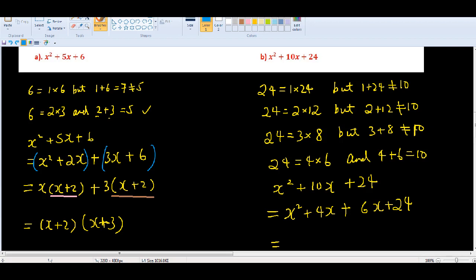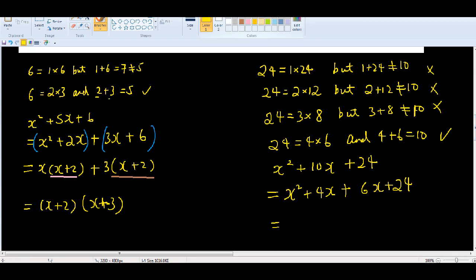The only possibility is when 24 equals 4 times 6, and at the same time 4 plus 6 is 10. Sorry, the first one is not good, the last one works. Since the last one works, the special numbers are 4 and 6. So when you see 10x, you separate that 10x into 4 and 6.